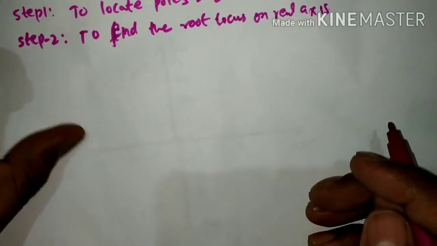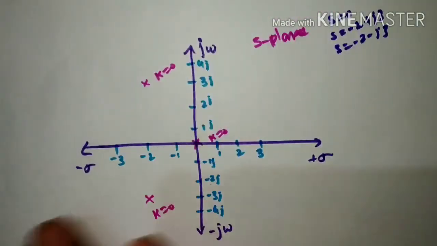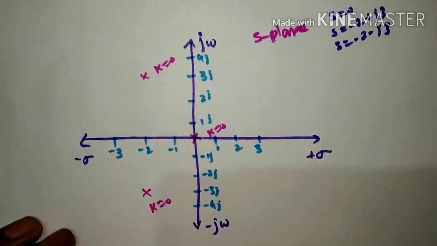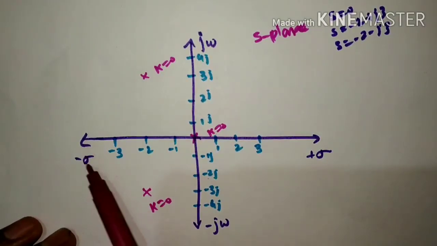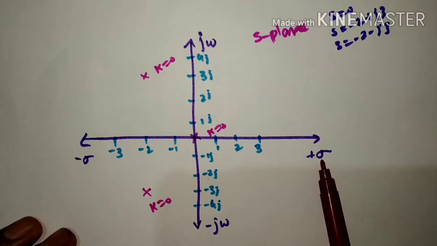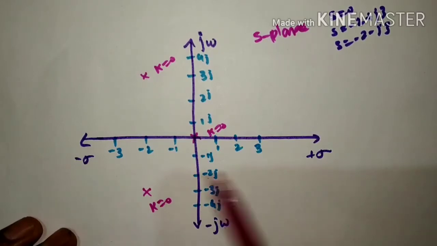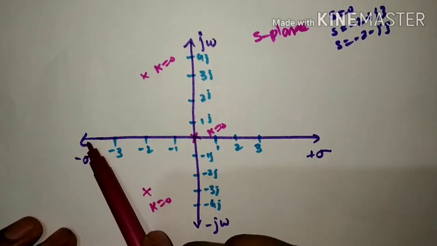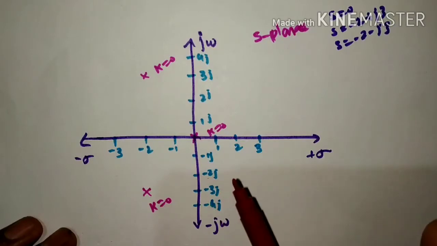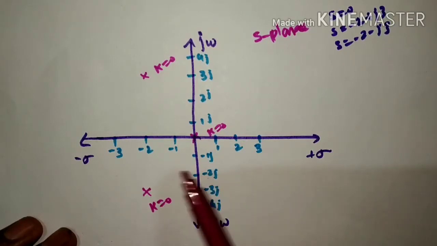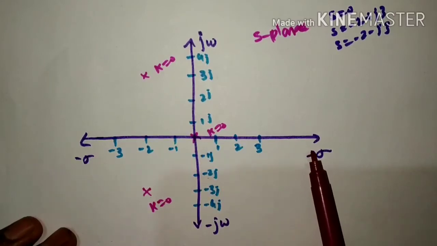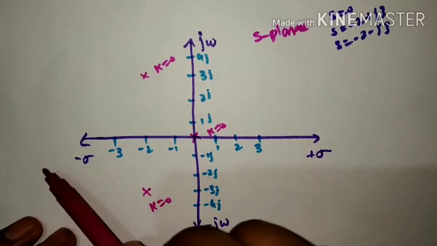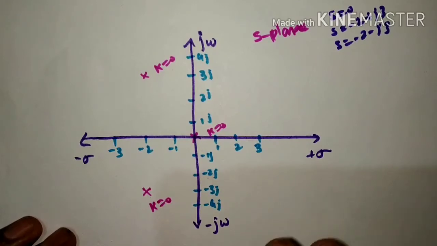Okay, so you just see this plane. This is a real axis from minus sigma to plus sigma. This is the entire real axis. From here to here is the negative real axis, and from here to here is the positive real axis.